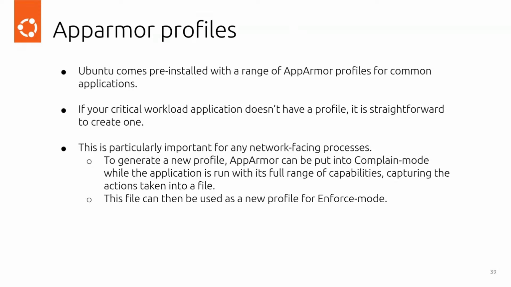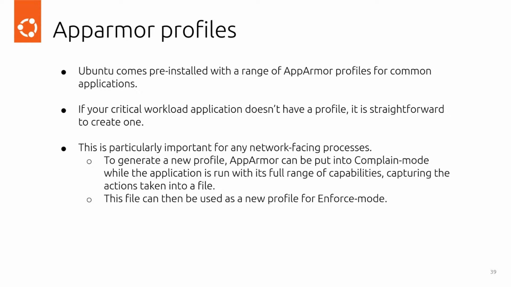It's pretty straightforward, and the reason is that AppArmor has a complain mode. For an application that doesn't have an AppArmor profile, you can activate complain mode, and that will capture all the actions that the program is trying to do. That should give you an idea about the baseline of what good behavior for that particular workload looks like, and you can use the results of complain mode to build the profile.